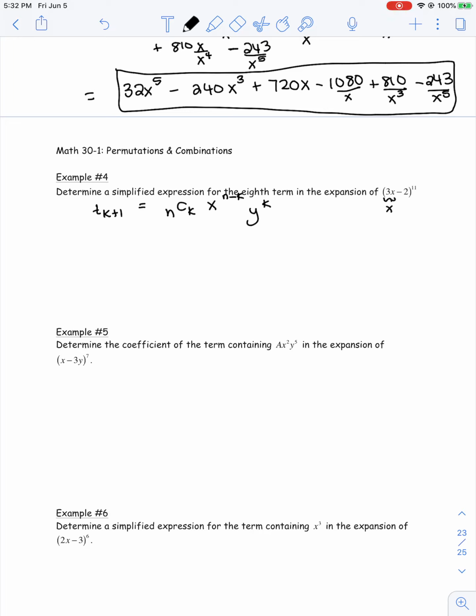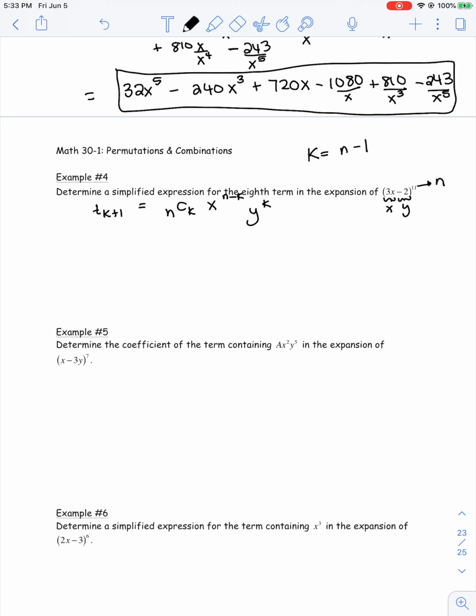Okay, so remember, this is your x, -2 is your y, and this is your n value. So when we're putting this in, we know that k is going to always be 1 less than your number of terms.